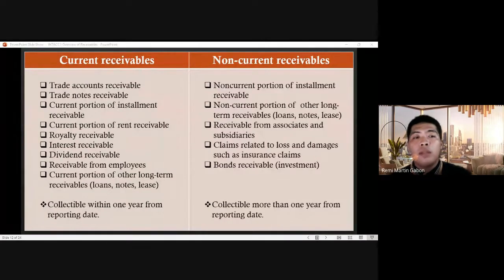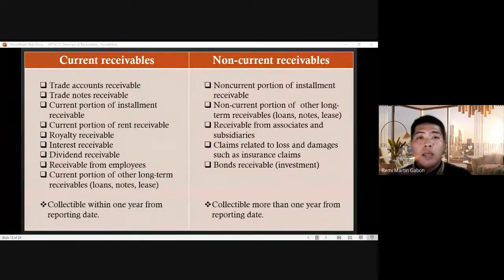We count within 1 year from December 31, the usual reporting date. If the collectability of that installment receivable or portion of other long-term receivables falls within 1 year, then we can consider it current. The excess is non-current.